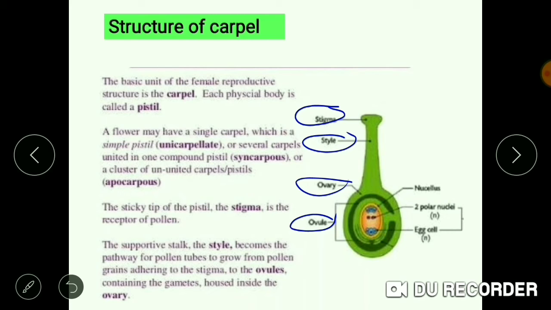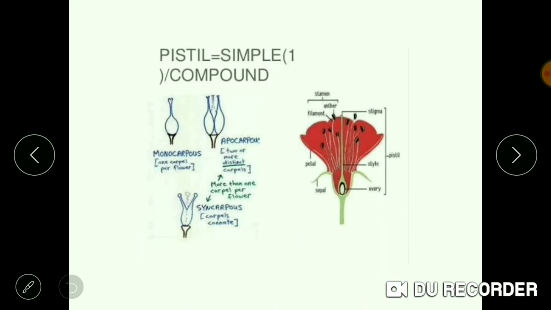Inside the ovule is present the embryo sac, and this embryo sac consists of an egg cell and two polar nuclei. That was the structure of pistil or carpel.